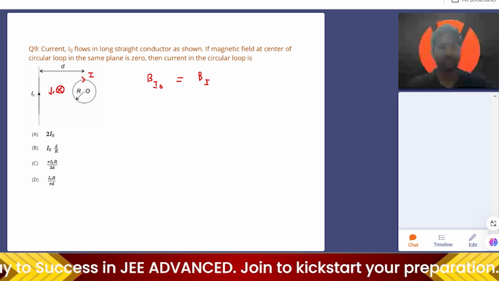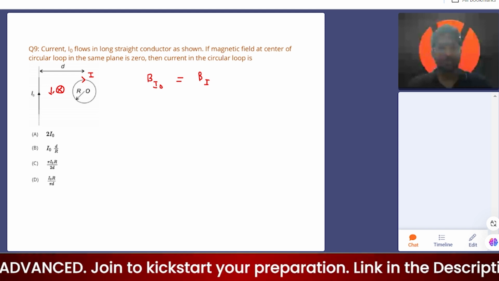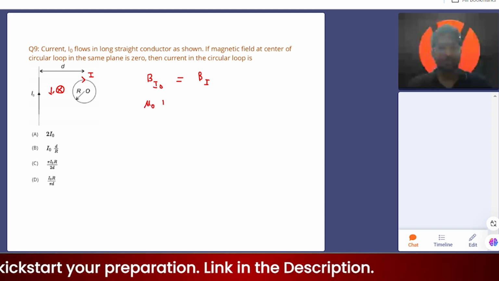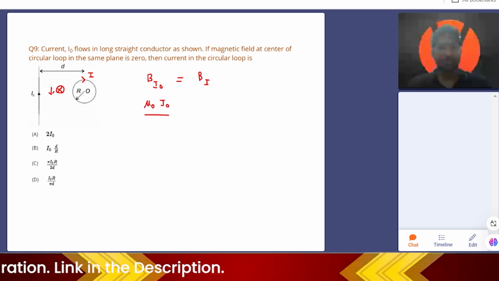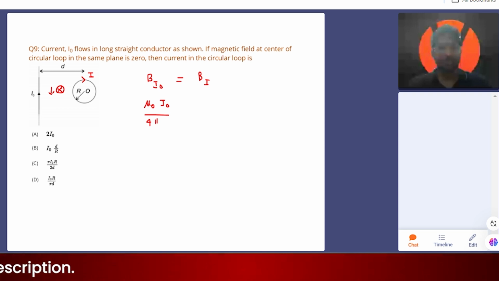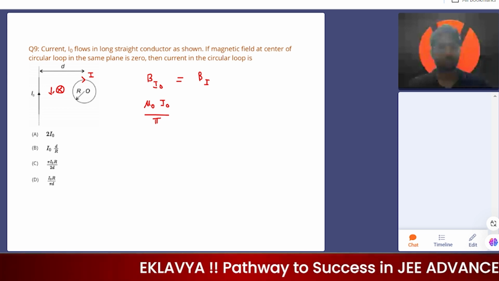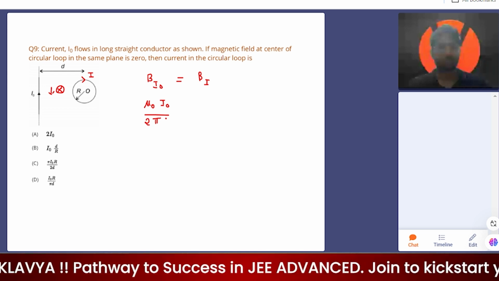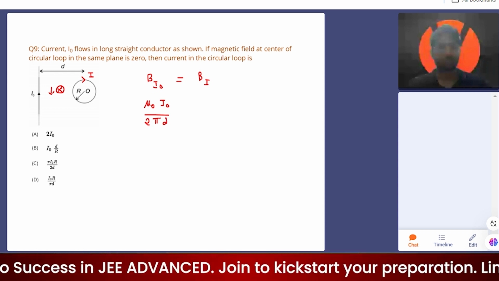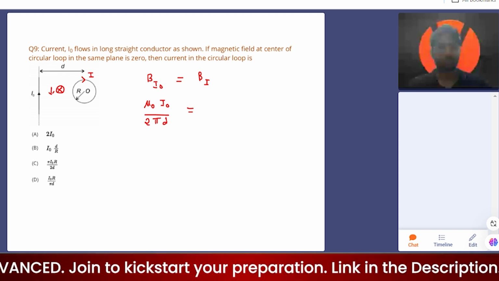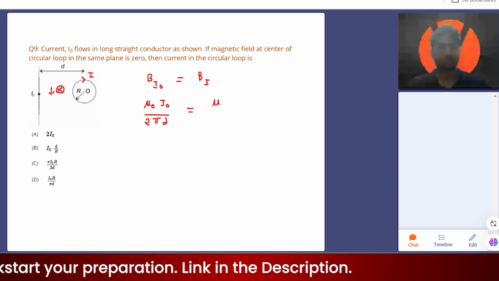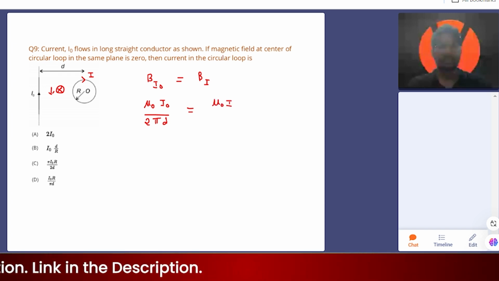Now the magnetic field because of I naught: this is like an infinite wire at a distance of d, whose equation shall be mu naught I naught by 2 pi d, and it must be equal to the magnetic field due to a circular loop, that will be mu naught I by 2r.